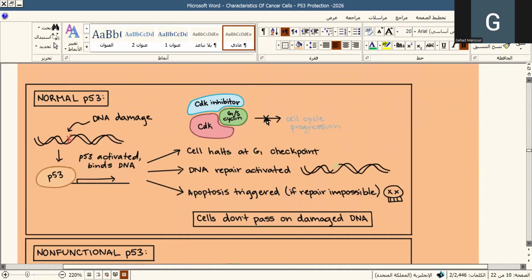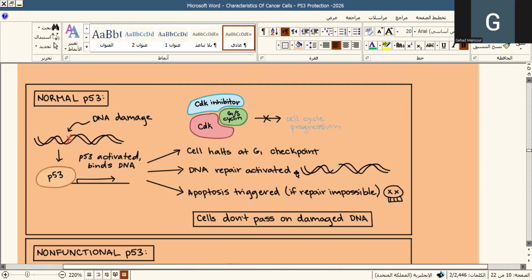So when there is prevention of cell cycle progression, this is the ultimate result. But how does it occur in detail? First of all, the cell is halted at the G1 checkpoint. This pause buys time for repair of DNA. So the P53 molecule is giving the DNA of the cell a chance to be repaired and for the repair mechanisms to be activated.